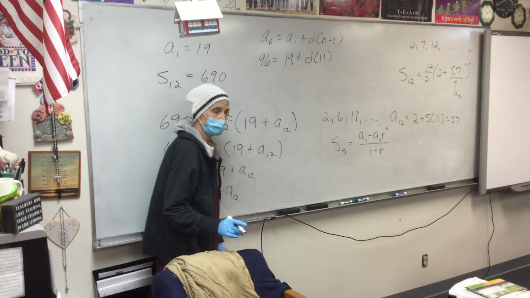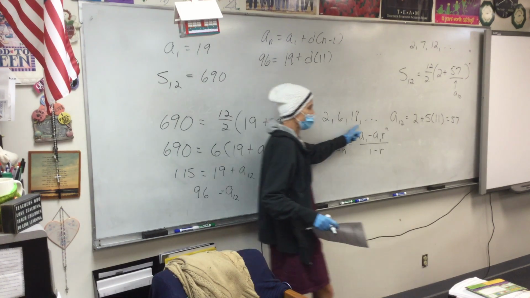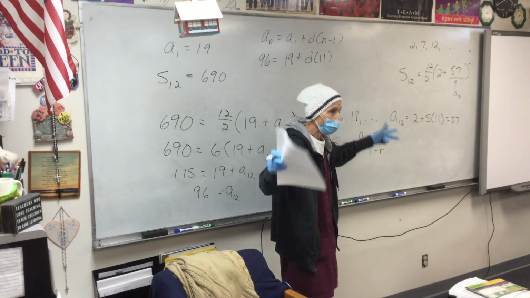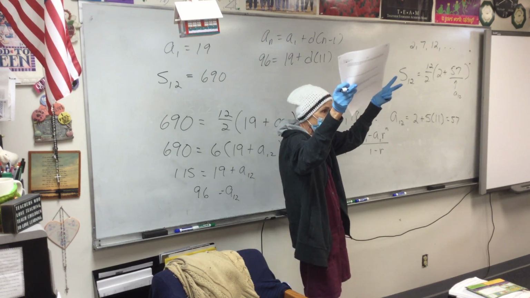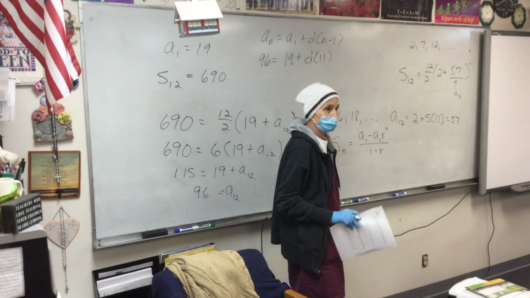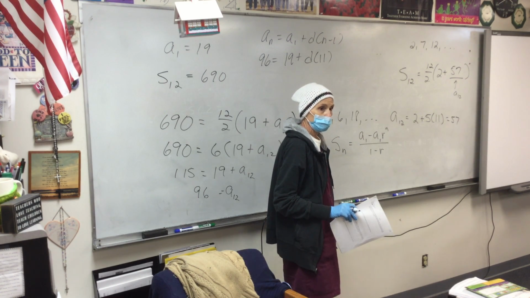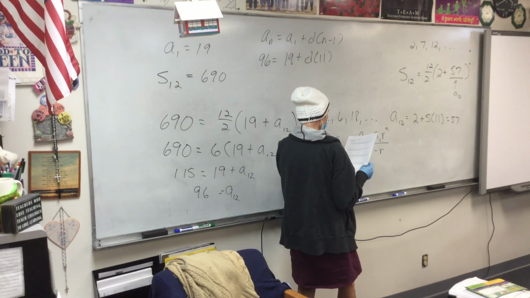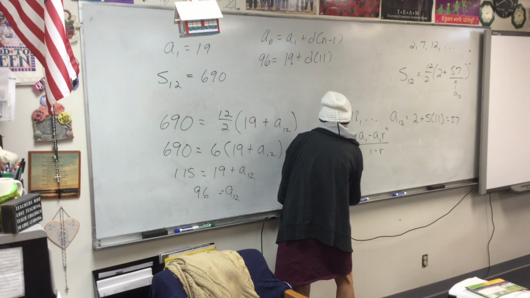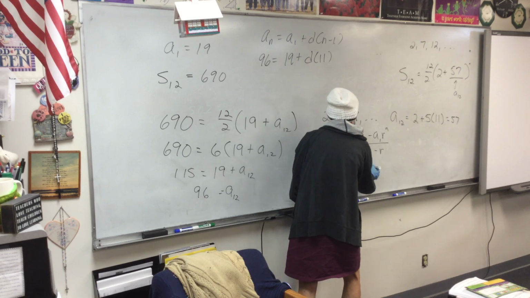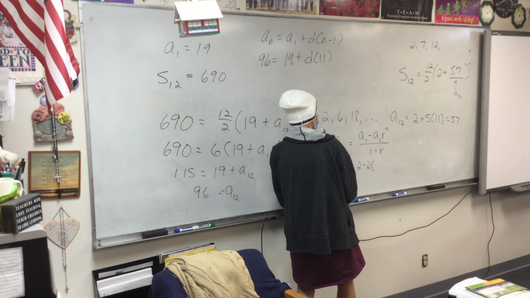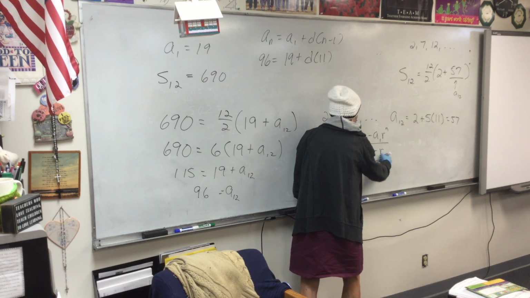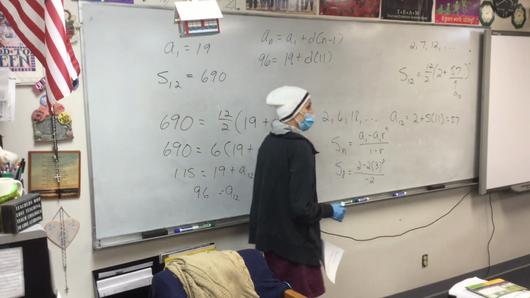Now why are we using that formula? Because the series is geometric and the word altogether tells me I'm adding. So S sub, how many am I adding? 8. S sub 8 equals 2 minus 2 times, what's my ratio? 3 to the 8 over 1 minus 3, which will be negative 2.